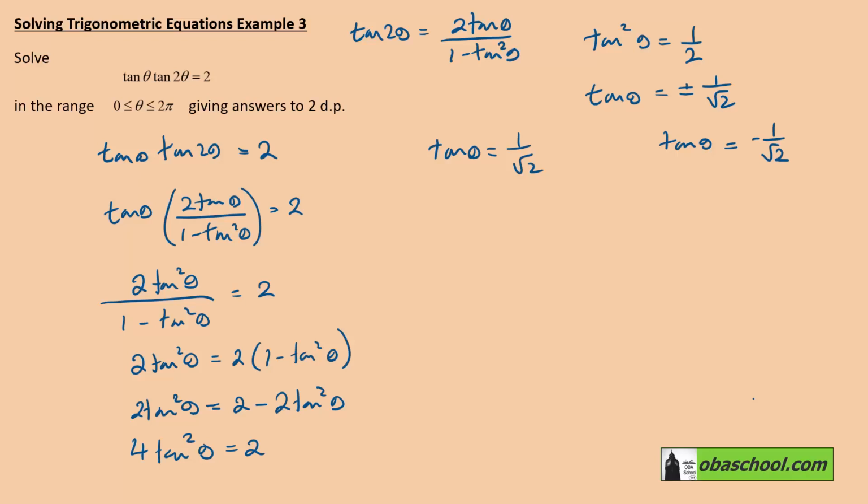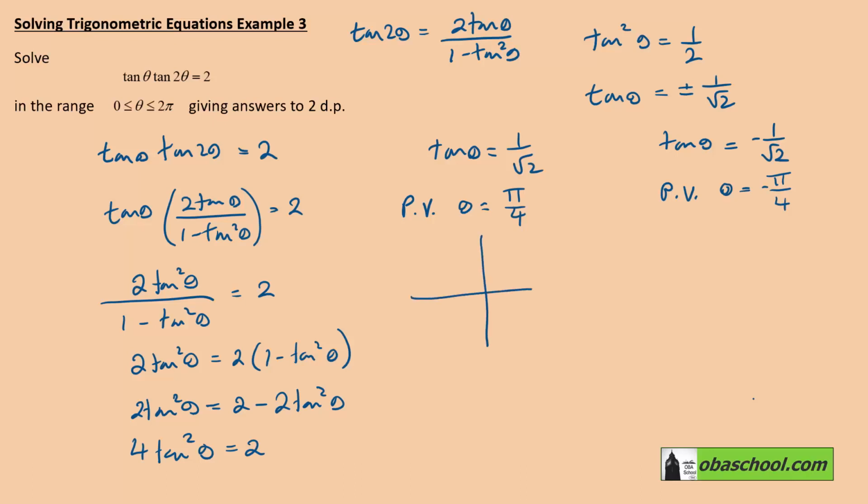Now these give us standard values. The principal value here would be that theta is 45 degrees, or since we're in radians, pi by 4. And over here, the principal value would be that theta is negative pi by 4.